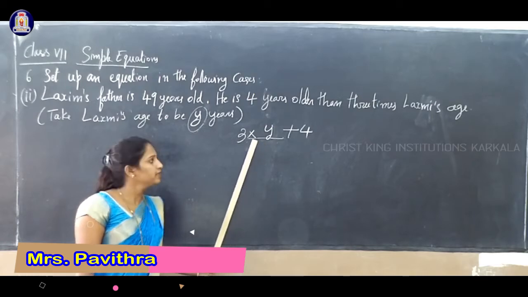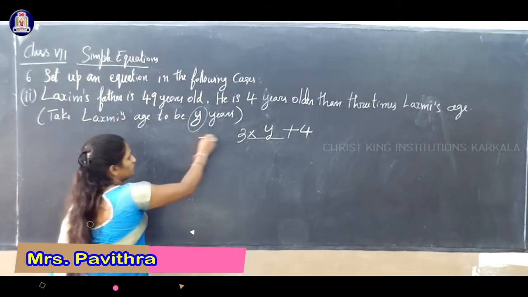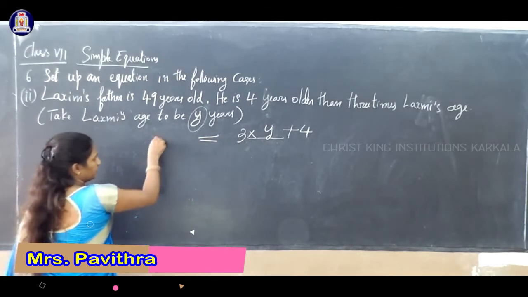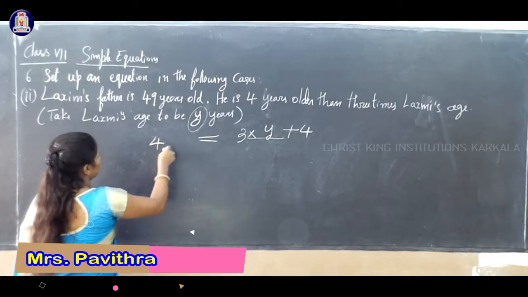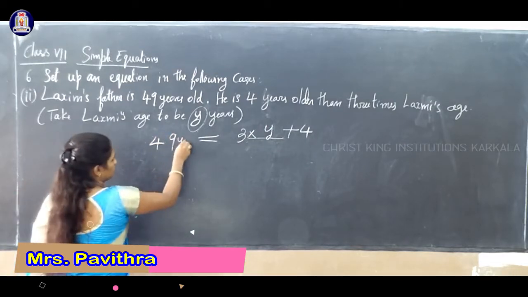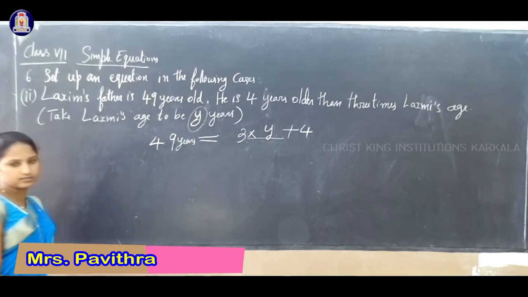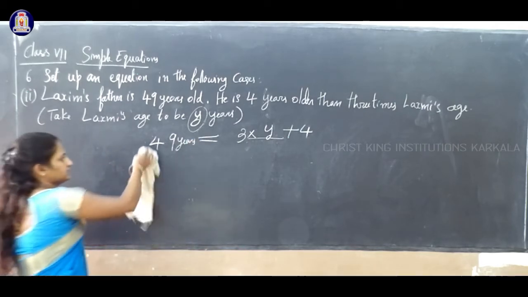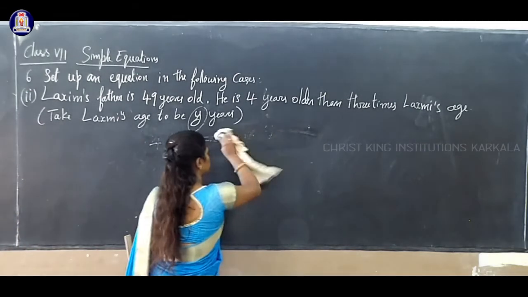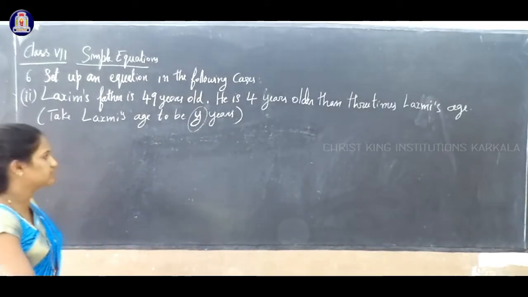So Lakshmi's father's age is 49 years. Now you write like this. First write the equation in a sentence.